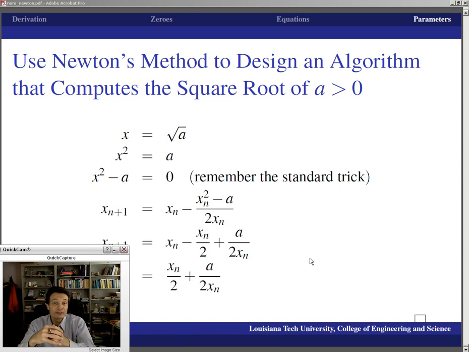I am not sure if that is the algorithm that is implemented on your calculator, but similar algorithms really are implemented in operating systems to compute square roots because, well, I mean, a computer doesn't understand what a square root means. It needs some method to execute, and Newton's method works rather well for that.